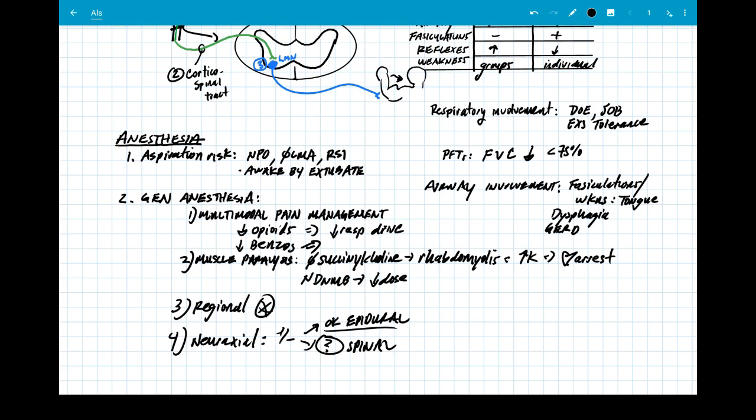I would avoid succinylcholine since it causes rhabdomyolysis and a hyperkalemic cardiac arrest. And if you're using a non-depolarizing neuromuscular blocker, you can decrease the dose typically. Other considerations, regional is typically safe in these patients, and epidural anesthetic is typically safe, and spinal is still questionable.